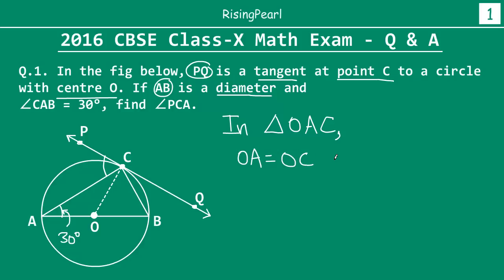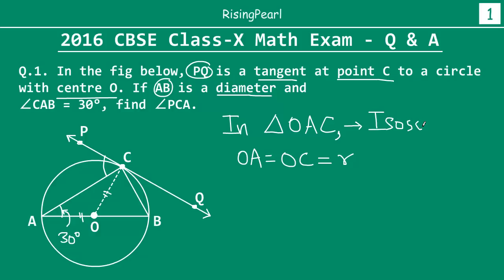Why is that? Because both of them are radius, right? So this side is equal to this side. They are both radius of the same circle. Now we know that if two sides are the same, then this is an isosceles triangle.